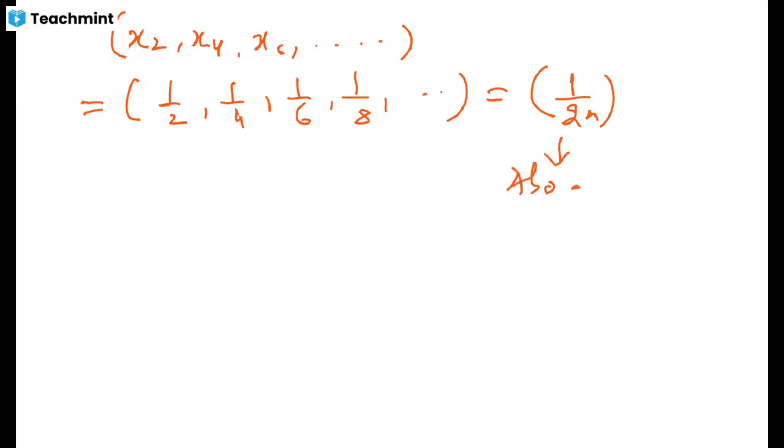This is a particular sequence which we obtained from a given sequence, and this sequence is known as a subsequence. Okay, is it clear? Yes, sir.